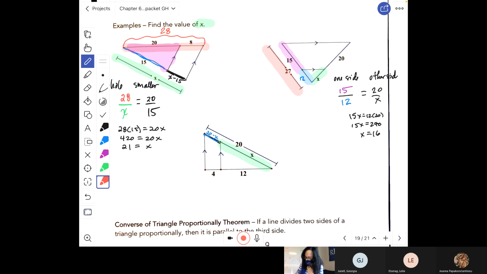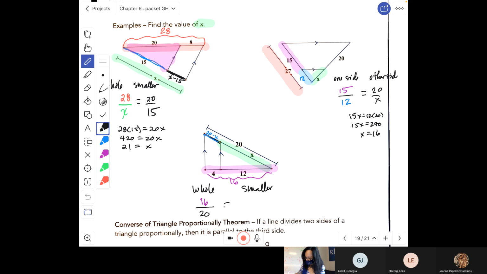What if I looked at the whole large triangle compared to the small triangle? So I'm going to set it up as the whole triangle compared to the smaller triangle. So I would say, what is the length of this side? Okay, so that whole thing is 16.